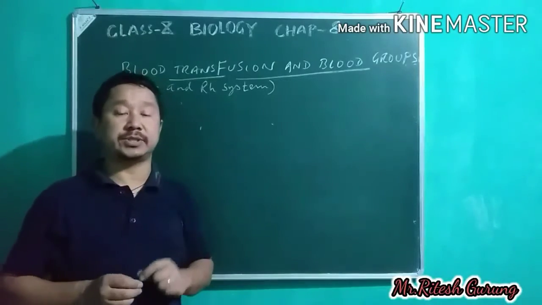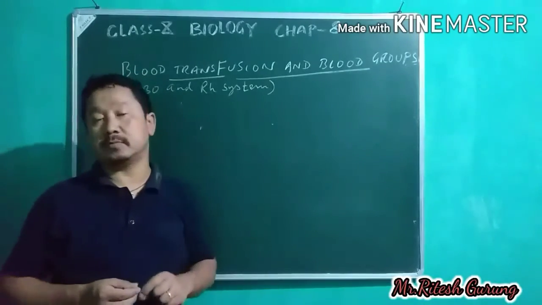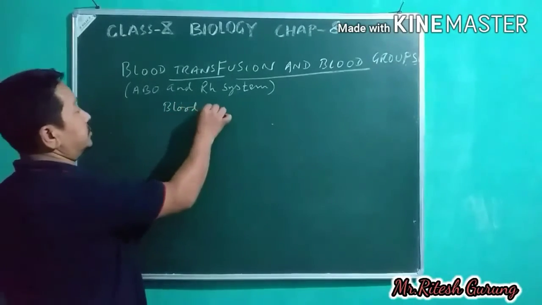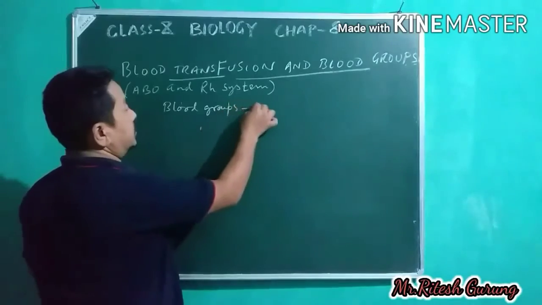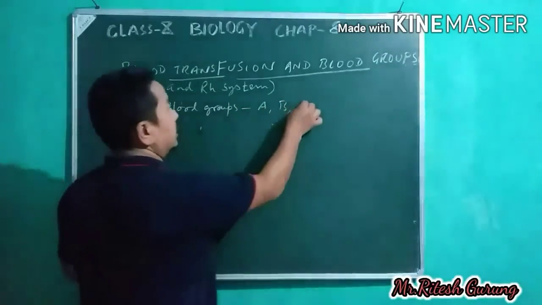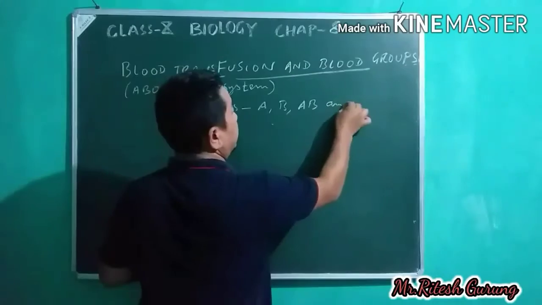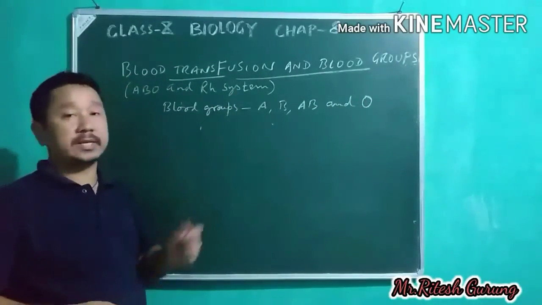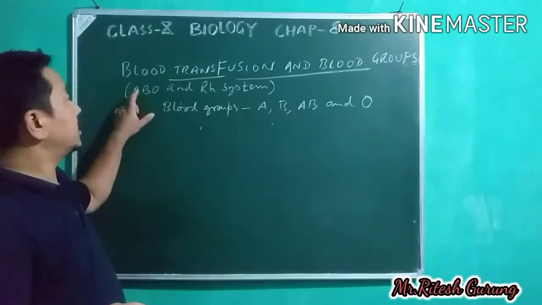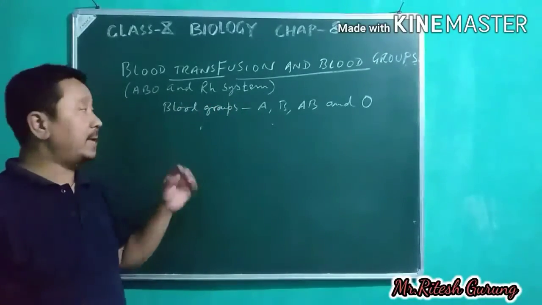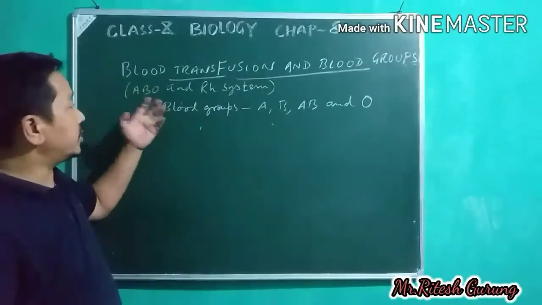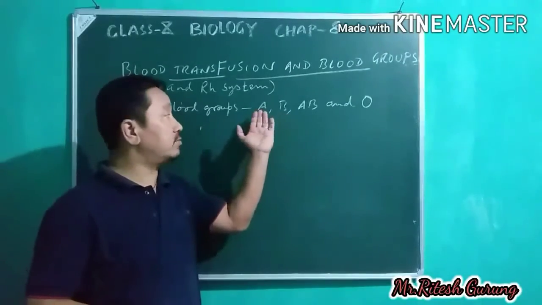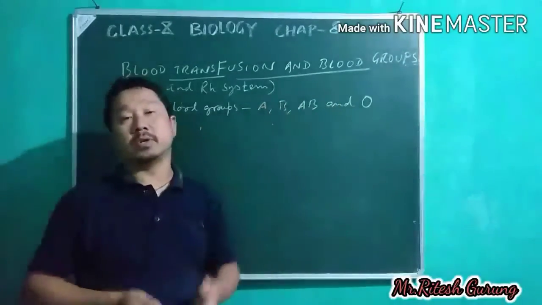According to the ABO system, there are 4 types of blood groups: A, B, AB and O. Most commonly ABO and Rh systems are in use. So according to the ABO system, there are 4 different types of blood groups: blood group A, blood group B, blood group AB and blood group O.